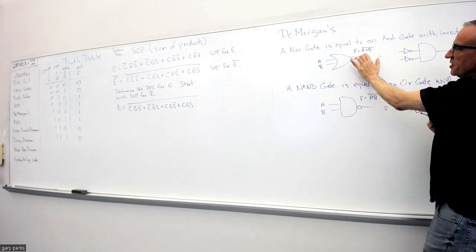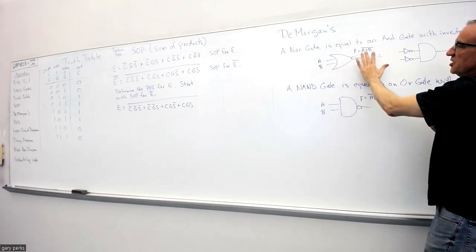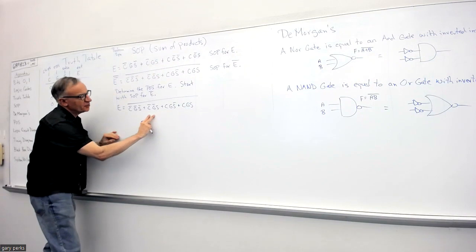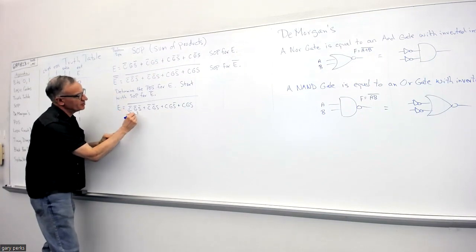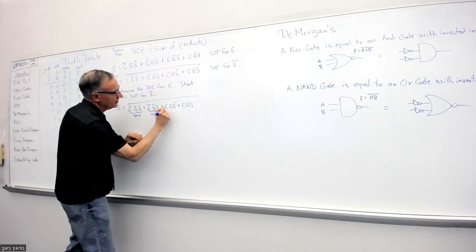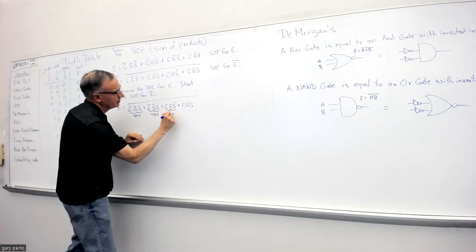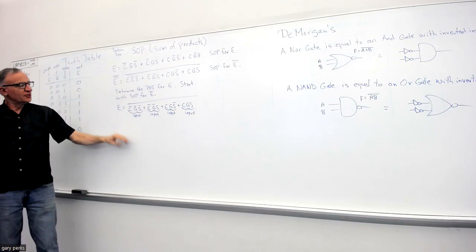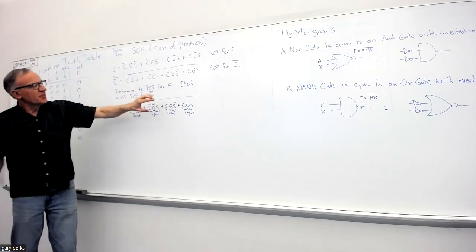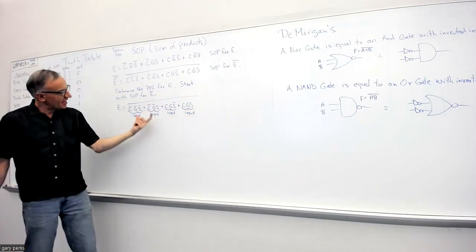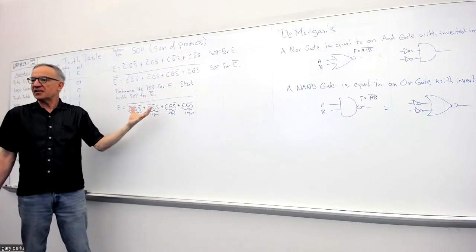Okay, looking at this expression right here at the output where these inputs have been ORed together and then the whole thing NOTed. Well, look at this equation. If you consider this to be an input, and this to be an input, and this to be an input, and this to be an input. Well, look, this input is ORed with this, ORed with this, ORed with this, and then the whole thing is NOT. So can you see that this equation here is a NOR gate?